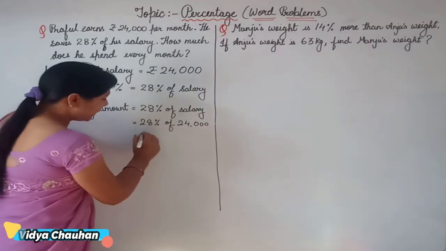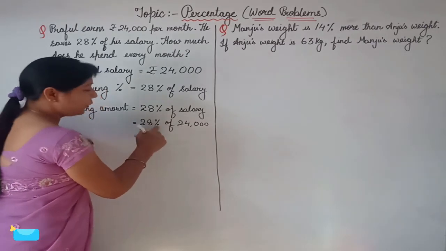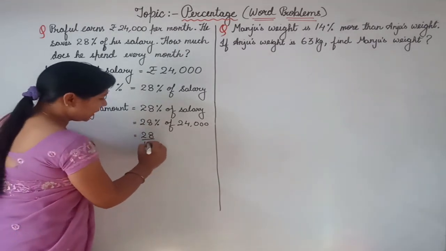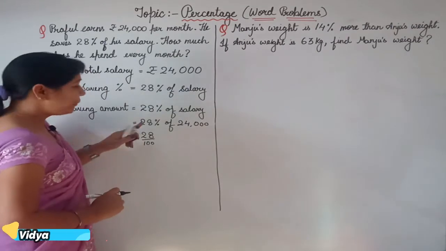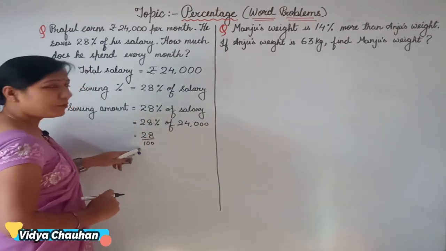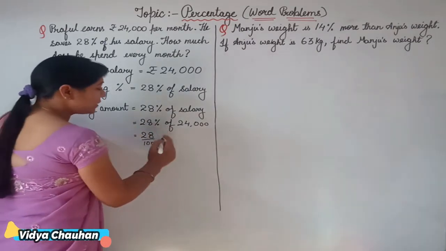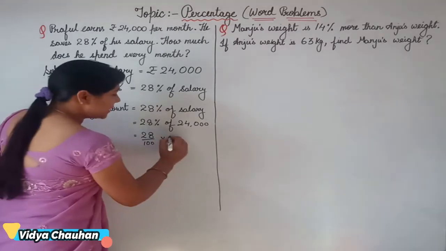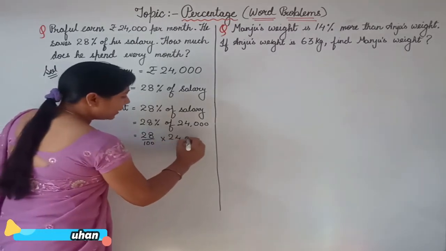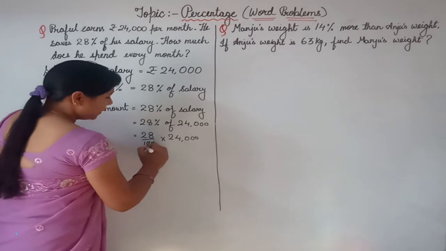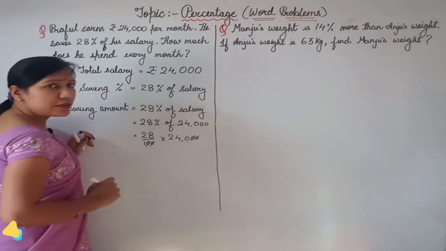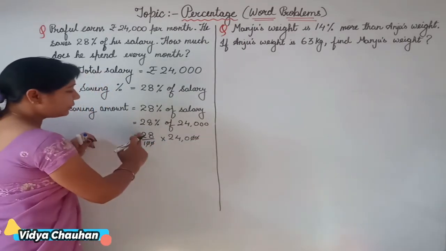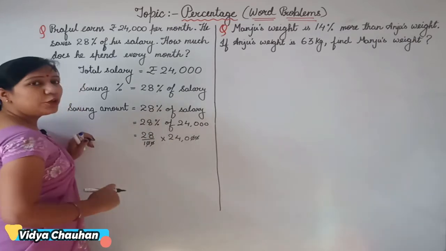Let's calculate the value. So that will be 28, removing the sign of percentage, upon 100. 28% can be written as 28 upon 100. At the place of 'of' we will put multiply and then 24,000. Simplify two of the zeros. Now you have to multiply 28 with 240.